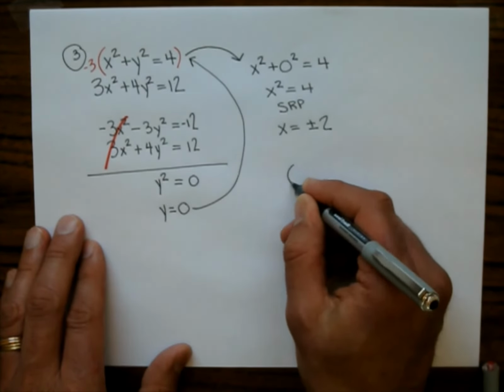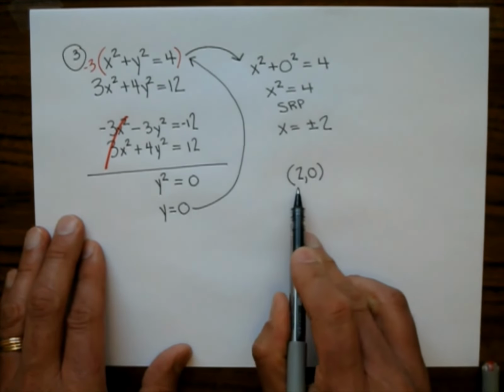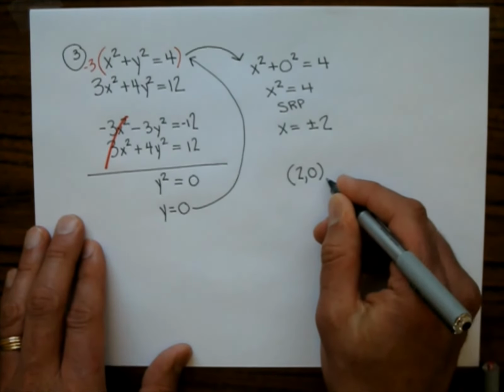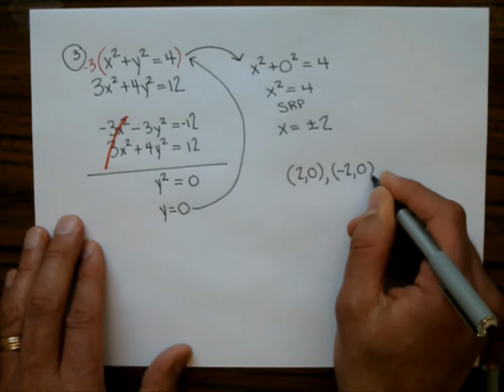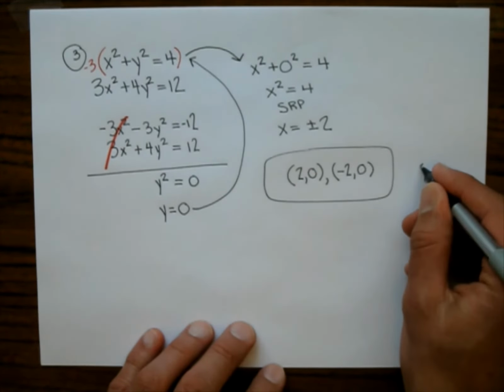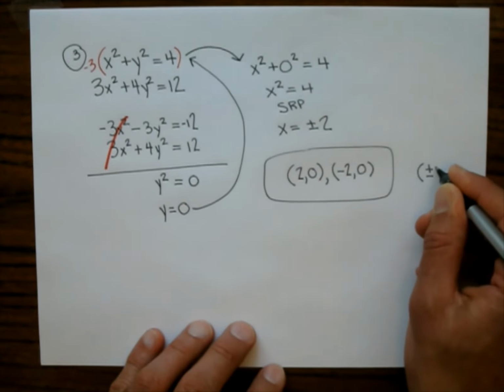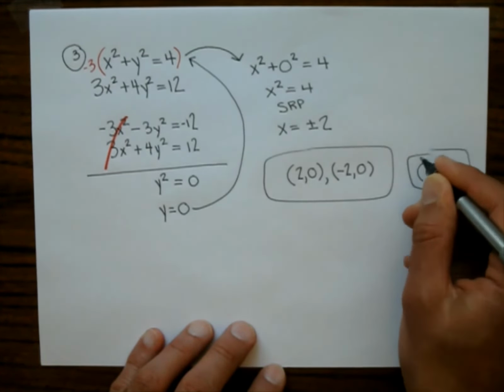Your 2 solutions are 2, 0. Notice I put the x first and then the y, and then the other one is negative 2, 0. So for all you lazy people out there, another way of writing this is plus or minus 2, 0. So both are acceptable.